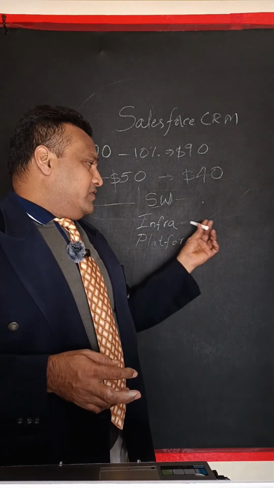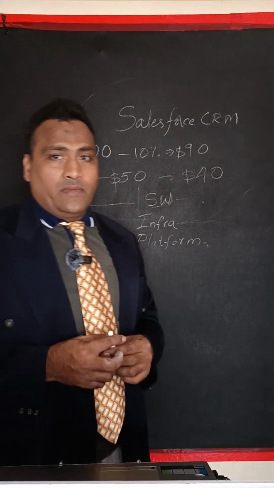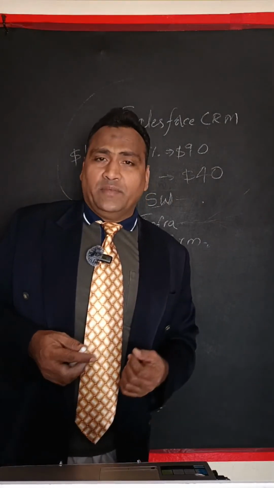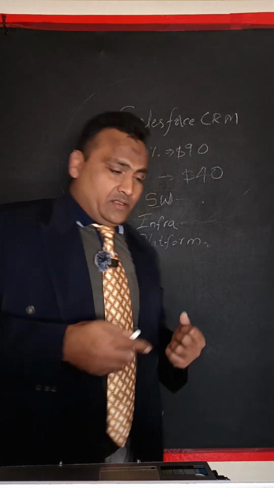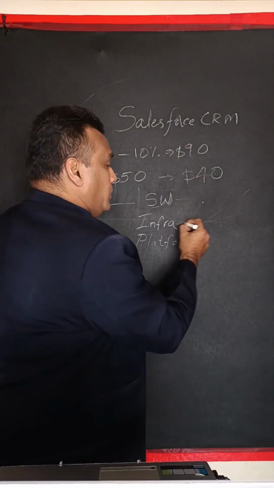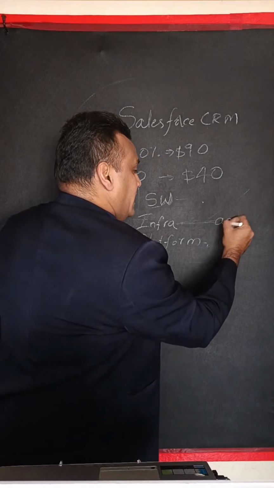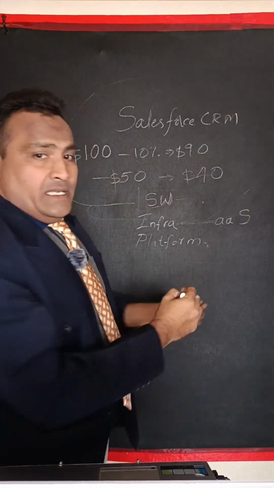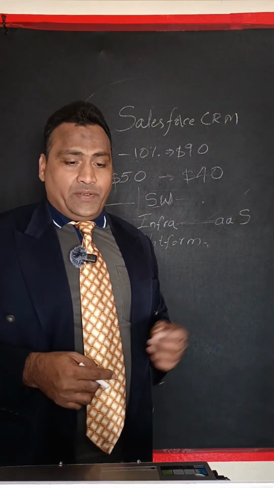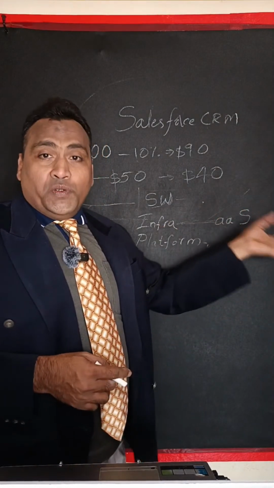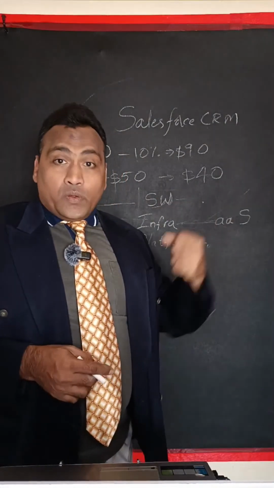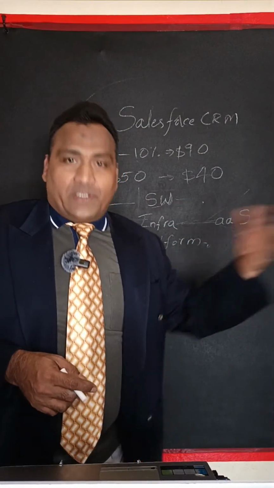The best example for infrastructure on the cloud is Amazon Web Services. One example is Amazon Web Services. Well, so cloud computing is nothing but XaaS, as a service. So infrastructure is being given to you as a service. Google Drive is given to you as a service.